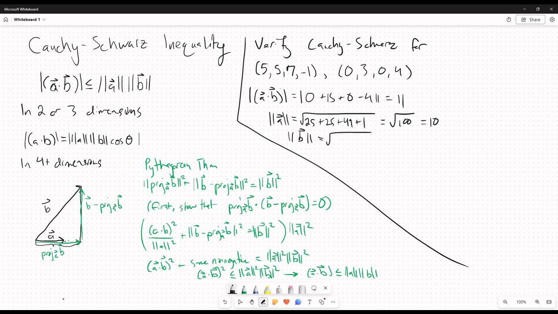That's going to equal the square root of 3 squared plus 4 squared, which hopefully you recognize, a little Pythagorean triple there. That's going to end up being 5. So the norm of A times the norm of B ends up being 50. So what the Cauchy Schwarz inequality is telling us is that 11 is indeed less than 50. It turns out to be the case for these two vectors.